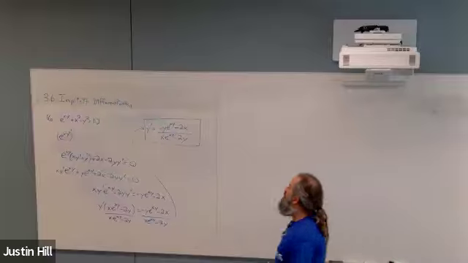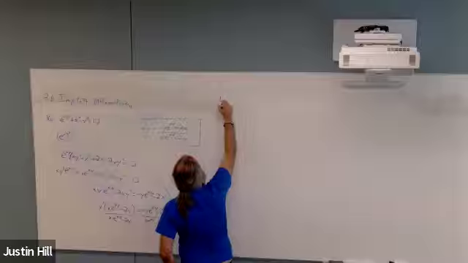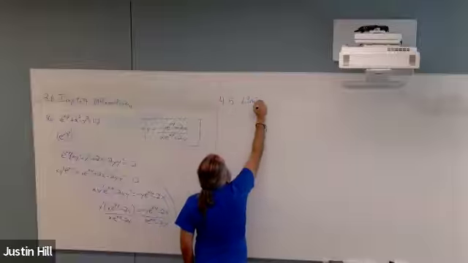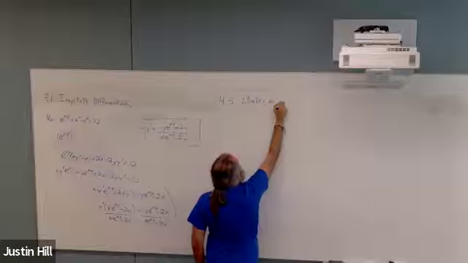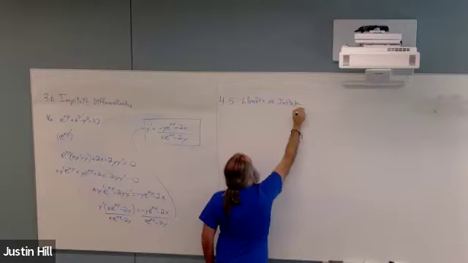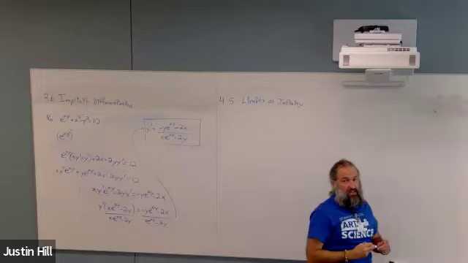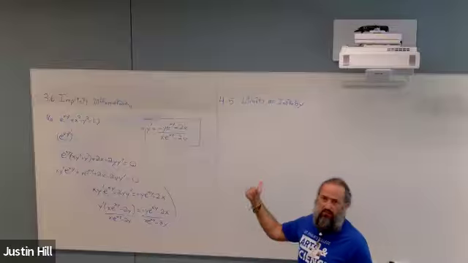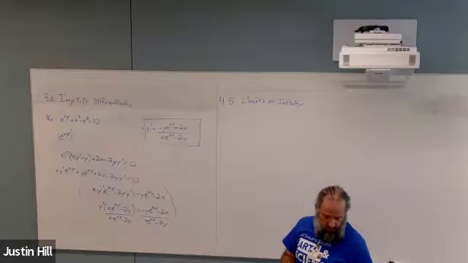Sweet. So 4.5, they call this section limits at infinity. And again, to prove my point, way back at the beginning of the lecture I was saying that you've actually already done this, they just didn't call it this.